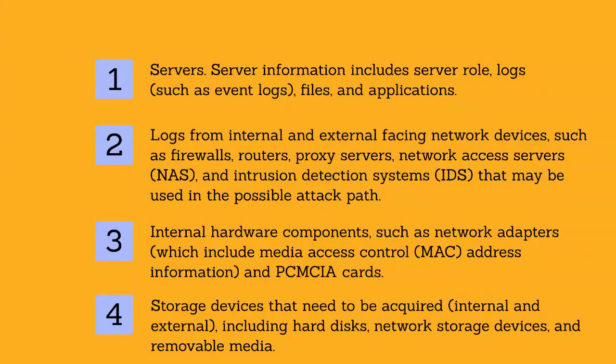Storage devices that need to be acquired, internal or external, including hard disk, network storage device, and removable media. Don't forget portable mobile devices such as Pocket PC, smartphone devices, and MP3 players such as Zune.